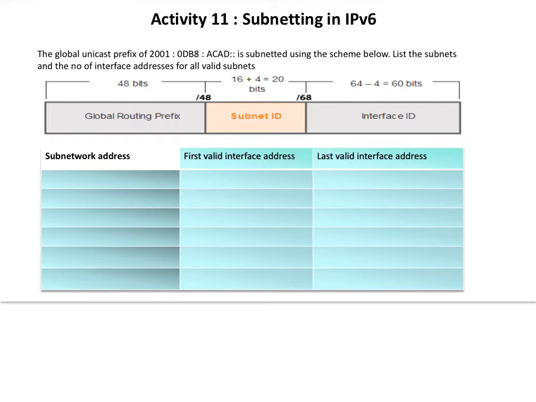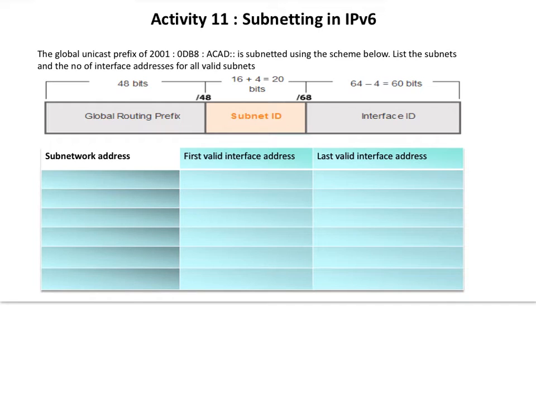And calculate this subnetwork address here. Then put the interface ID part to 1 to calculate the first interface address, sorry. And then put the interface ID all F's or all ones to calculate the last valid interface address. Okay? So that's what we need to do here.